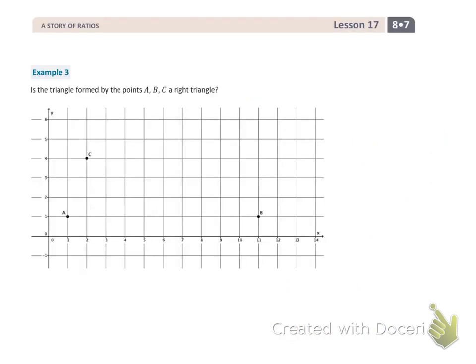Okay, example 3 is, we'll do this one together, a little different. We're asked these 3 points that are labeled A, B, and C, if we connect them, would they form a right triangle?